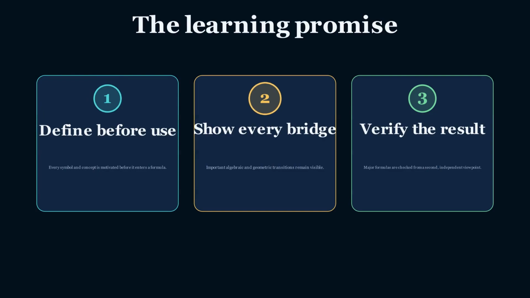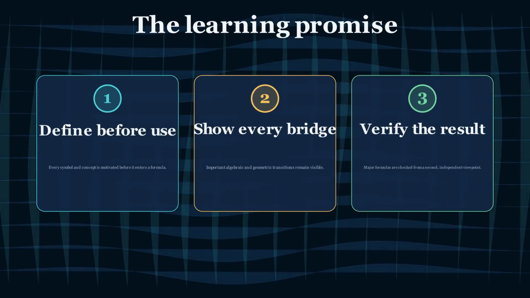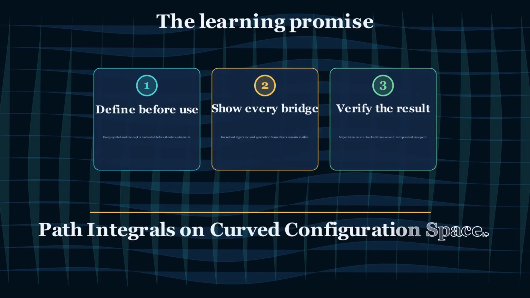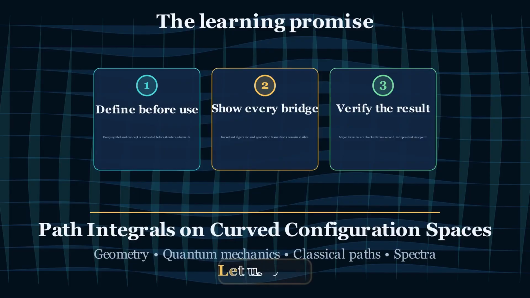It is designed to make the reasoning visible. New objects are introduced before they enter a calculation. Important transformations are shown through their intermediate steps. Major results are checked from a second viewpoint whenever possible. A learner should be able to follow the development directly from the video without repeatedly stopping to reconstruct missing algebra on paper.